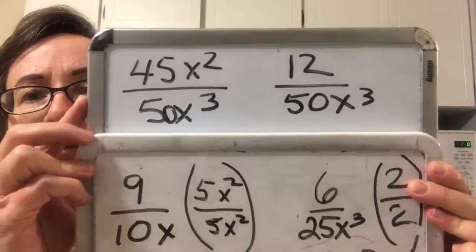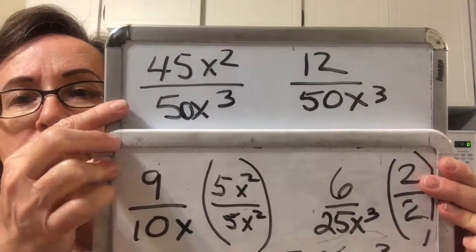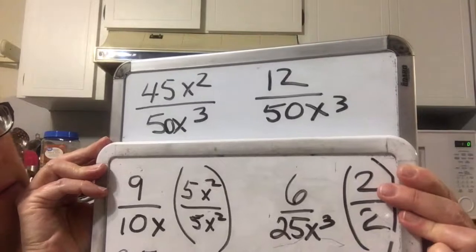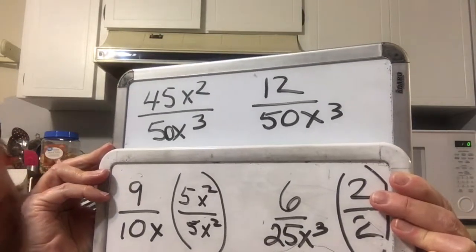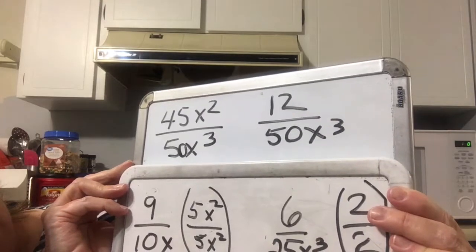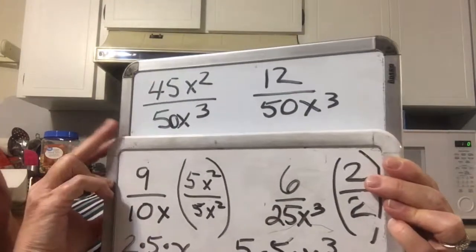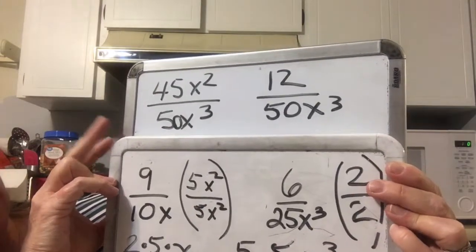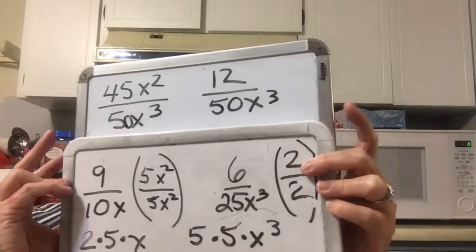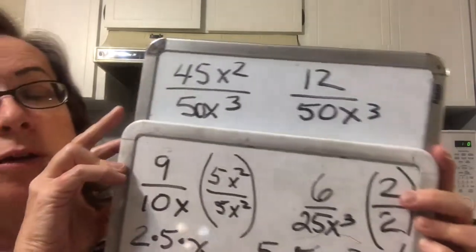Can you see how this one would reduce to 9 over 10x, and the other one over here would reduce to 6 over 25x cubed?